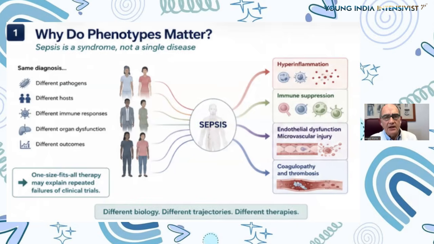Why do phenotypes matter? The main concept is related to the fact that whilst, for instance, the oncologists treat a real phenotype or endotype, because they do have a disease, when we refer to sepsis we are not speaking about a disease but a syndrome, which is caused by different pathogens in different hosts with different immune response and different organ dysfunction, and finally a different outcome.